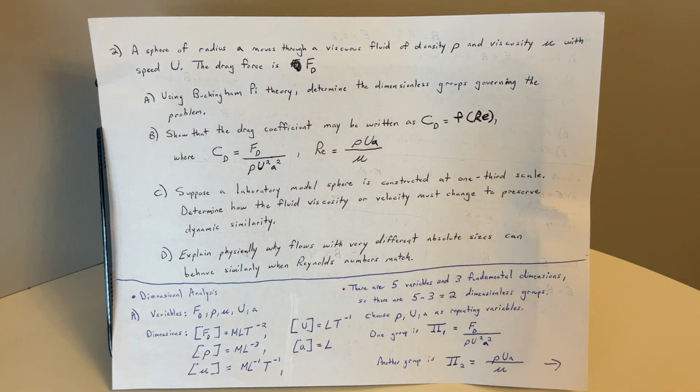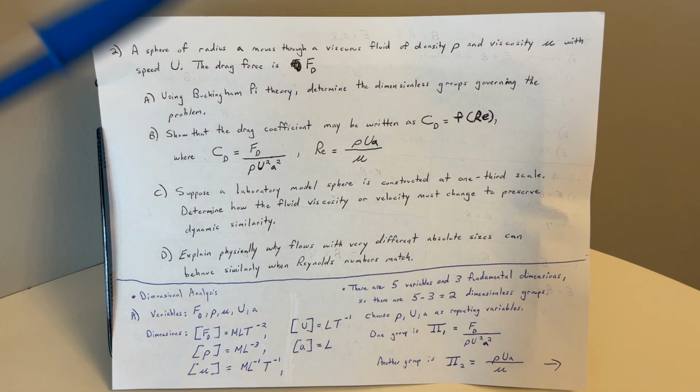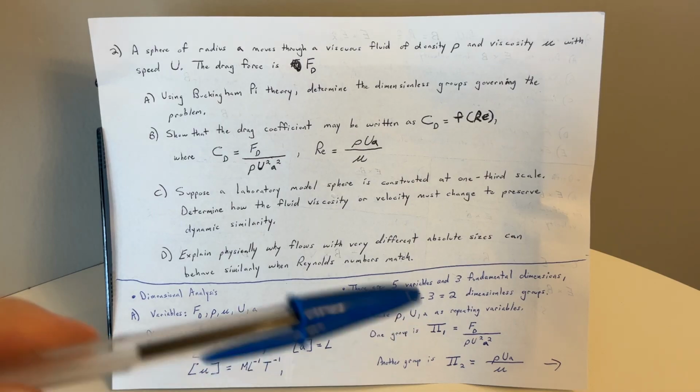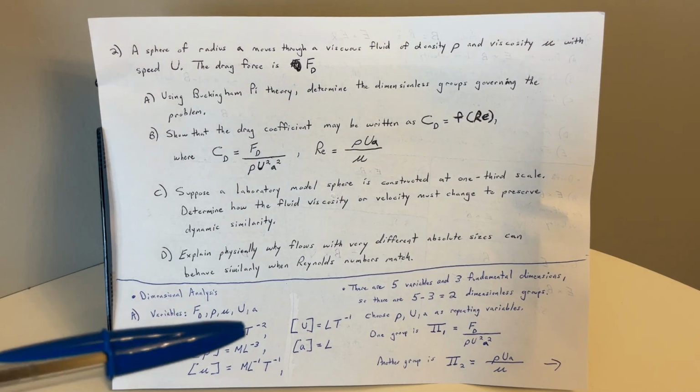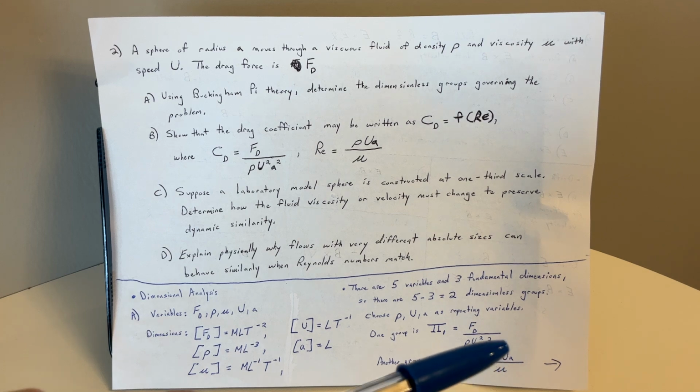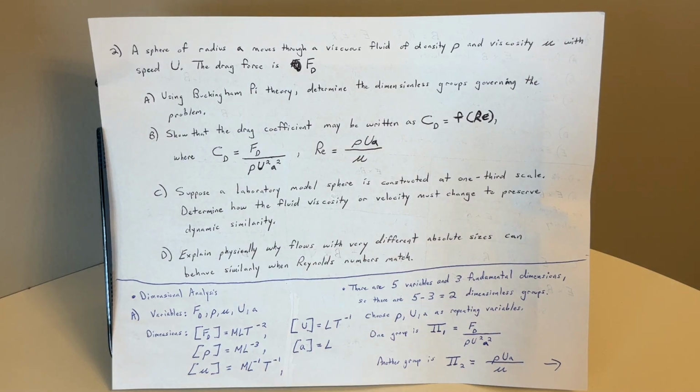For part B, if we choose rho, u, and a as repeating variables, we have one group, pi 1, F sub d over rho u squared a squared. Another group is pi 2, rho u a over mu. Taking this into consideration, we're going to rewrite these.